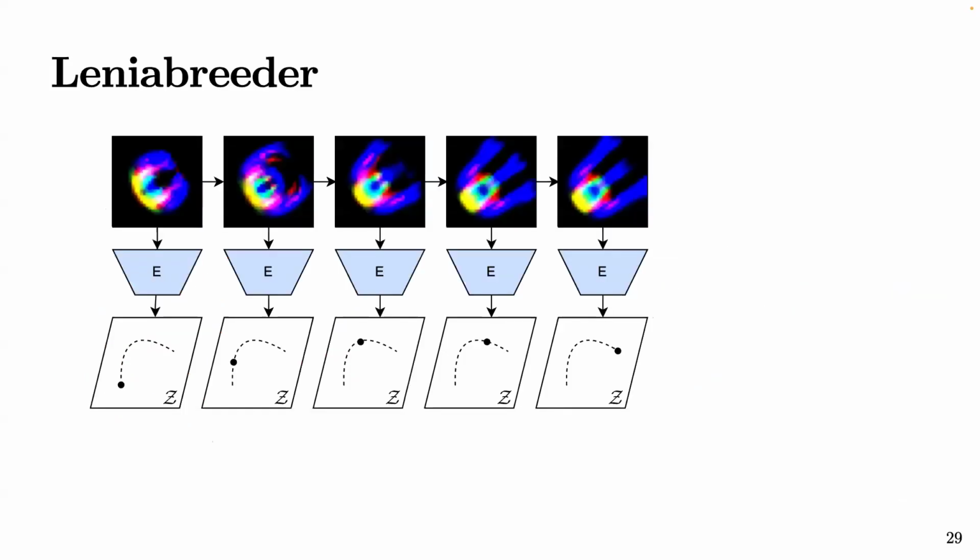And then when you have this compression model, the encoder, you can use it at each time step. And it gives you a latent trajectory. So at each step, you have a vector that is the latent representation of the image. And this will give you at each time step a trajectory of points in the latent space Z. And what is natural to do is now to take the average as the descriptor, because it describes your image.